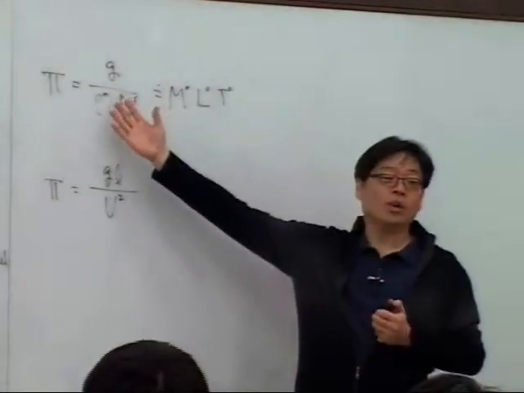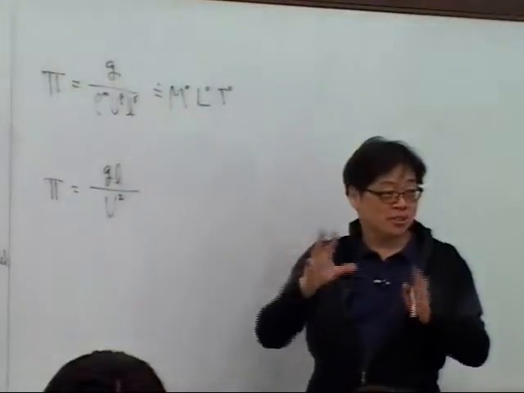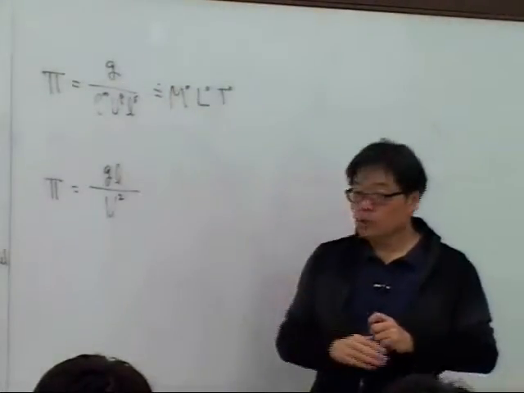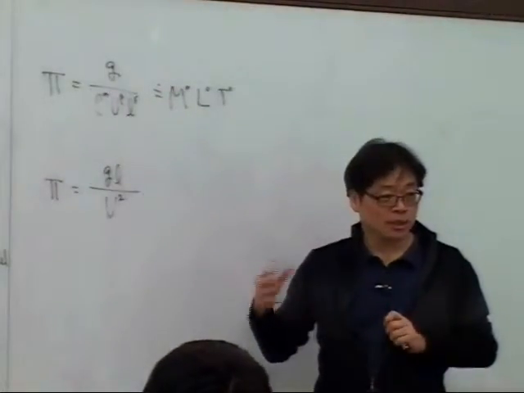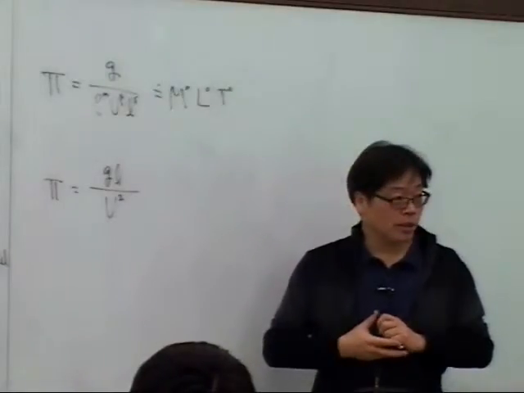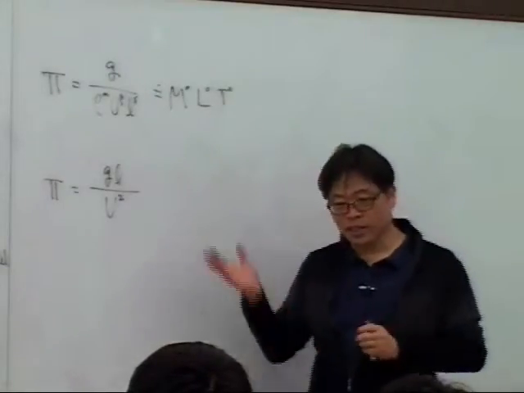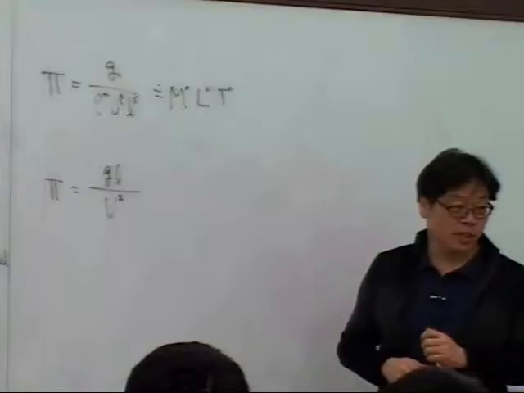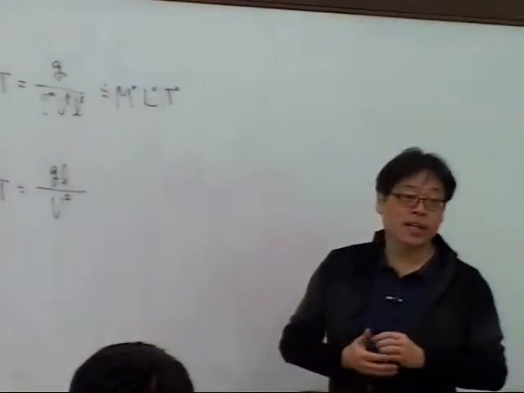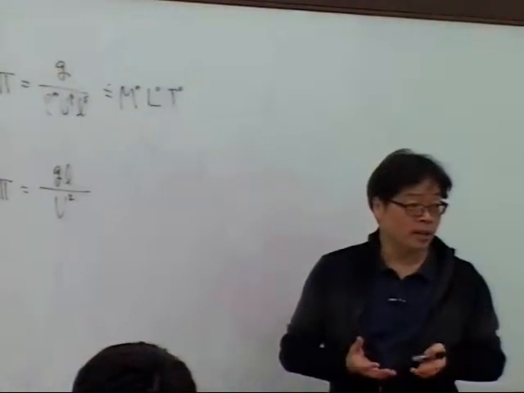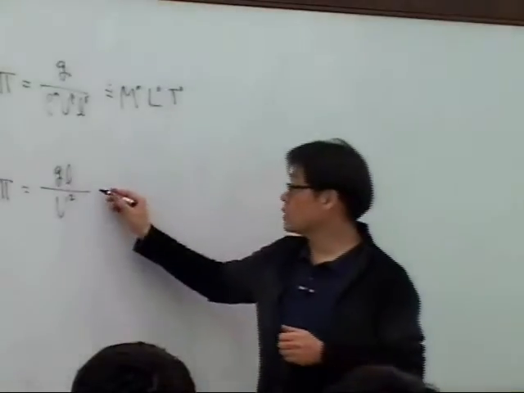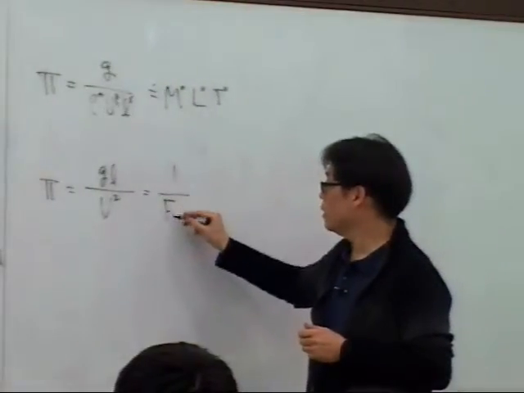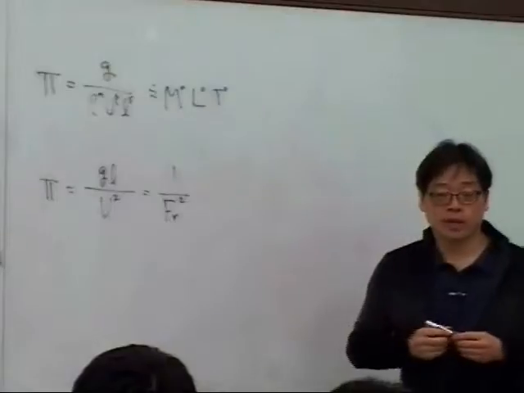So you don't have to really go through this, by just doing inspection, sometimes you can get the pi terms. But if it's not clear, then you go through the formal procedure. But sometimes you can easily guess what the pi term you will get. And this is basically one of our Froude number squared.